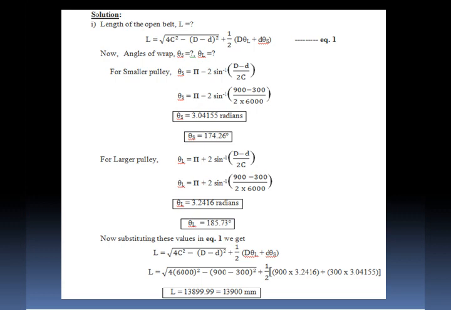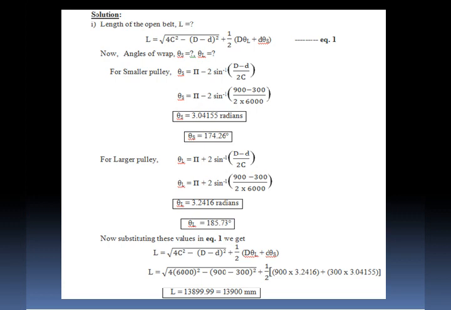Now for the smaller pulley, theta suffix S is equal to pi minus 2 sine inverse of (capital D minus small d) divided by 2c. So here we substitute: pi minus 2 into sine inverse of (900 minus 300) divided by 2 into 6000. Now here we are getting the value theta suffix S is equal to 3.04155 radians.